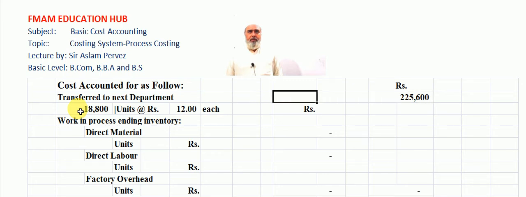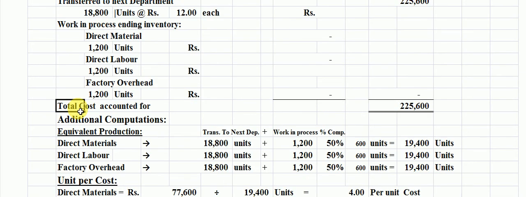Now we move to the working process and inventory cost, which are direct material, 1200 units in the working process.